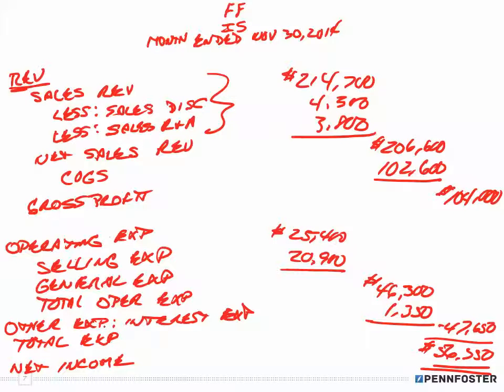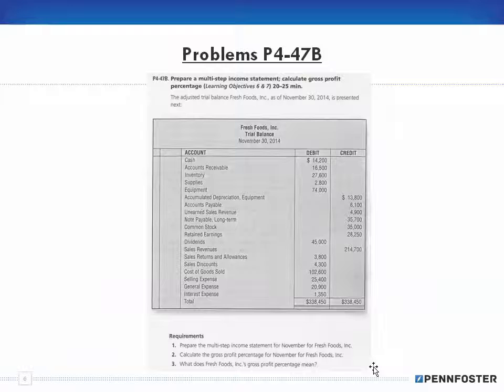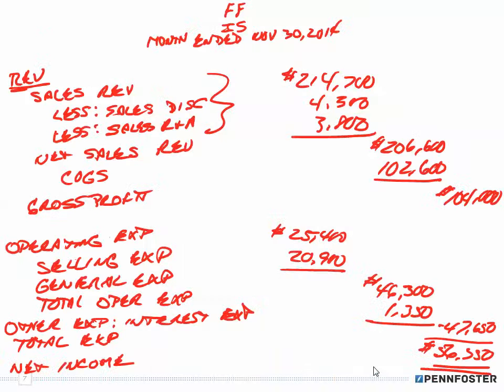And then the bottom line is, if I'm looking down this column here, I have my gross profit less my expenses to give me my net income right here. So everything flows and is easy to understand. Okay, all right. So now the problem says calculate the gross profit percentage.